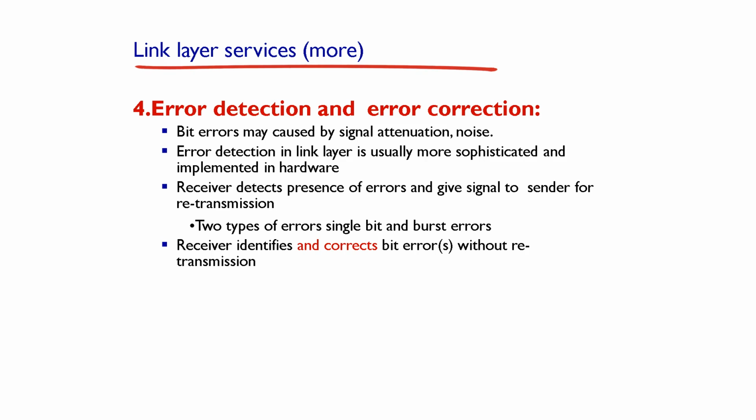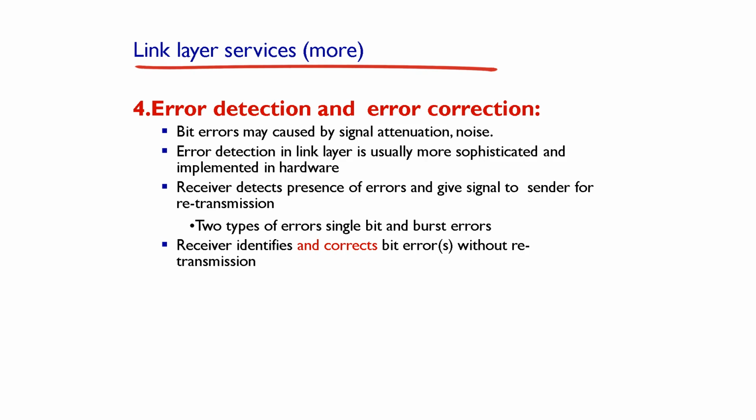So the attenuation happening to the signal, or deterioration of the signal strength when moving towards the destination, as the distance increases the signal strength will be reducing. This is called signal attenuation. So bit errors may be caused by signal attenuation, or some noise may enter into the channel. These two are the factors which cause the bit errors. So error detection and error correction must be performed in the link layer.